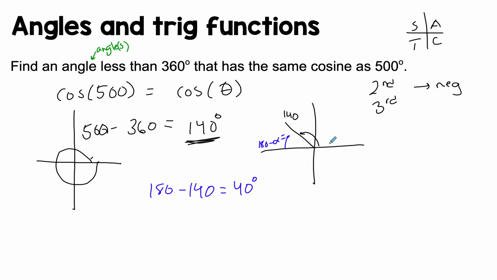So that's the acute angle we have here. But we don't use it because that's going to give us a positive cosine, but our cosine 500 and our cosine 140 is giving us a negative cosine. So what we're going to do is take that and go 180 plus 40, so we have 220.